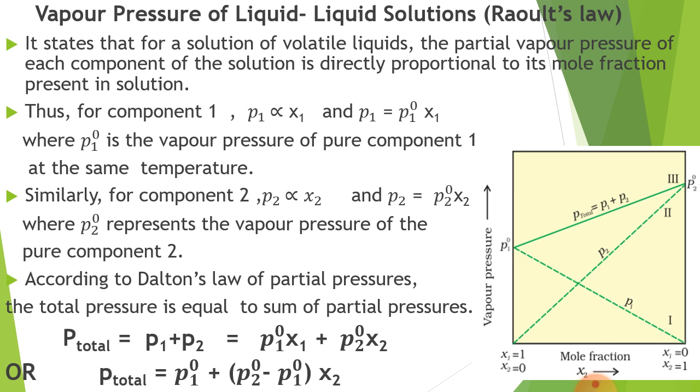This formula can also be written in terms of only x2 like this: P total equals P01 plus (P02 minus P01) x2. Now look at the diagram. The graph is drawn between vapor pressure and mole fraction.